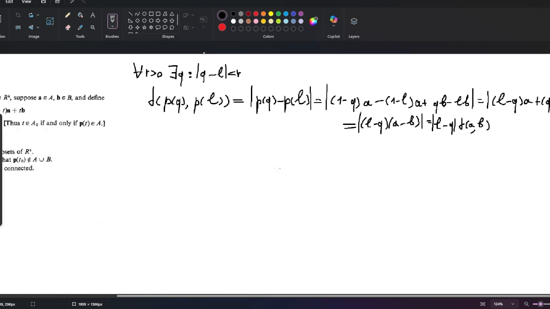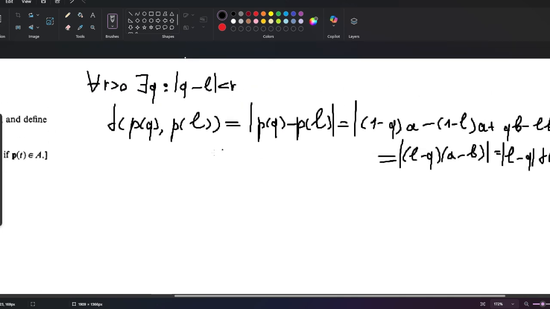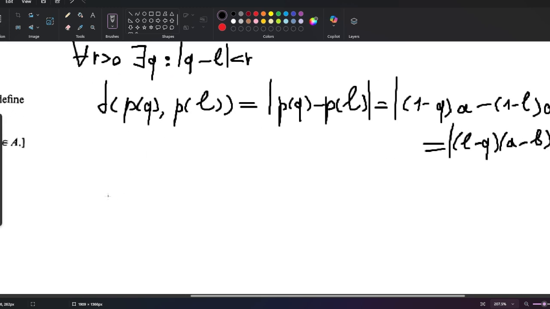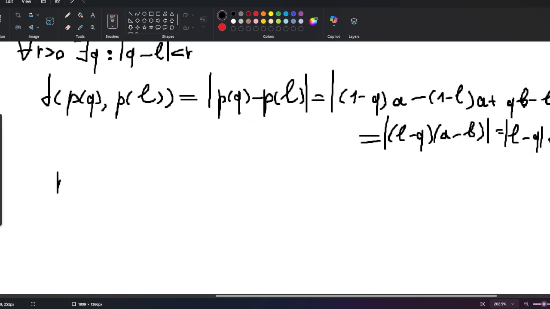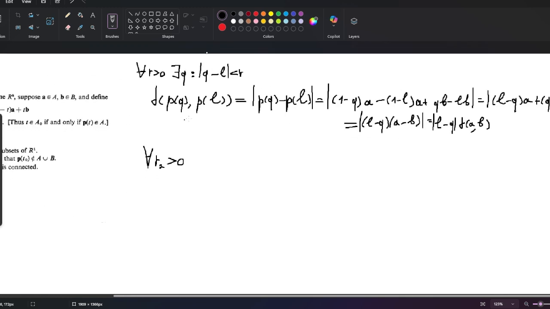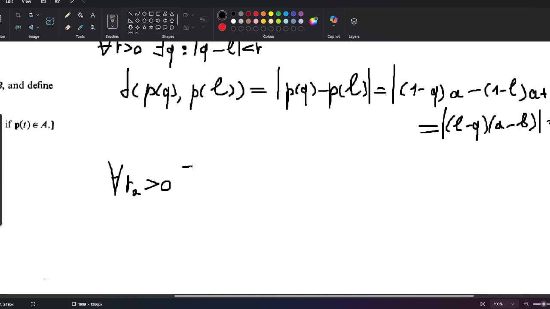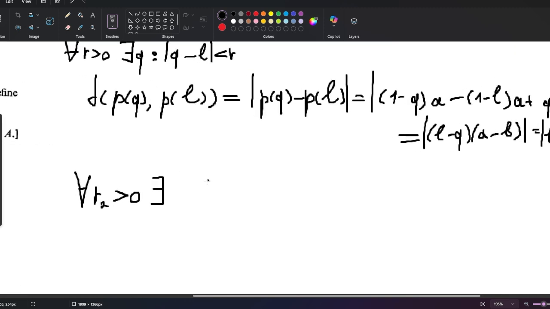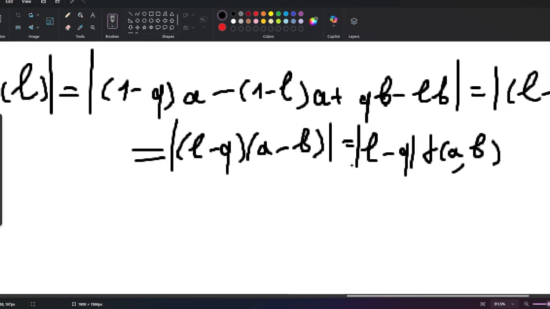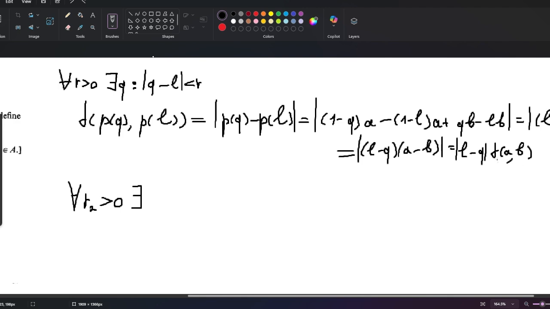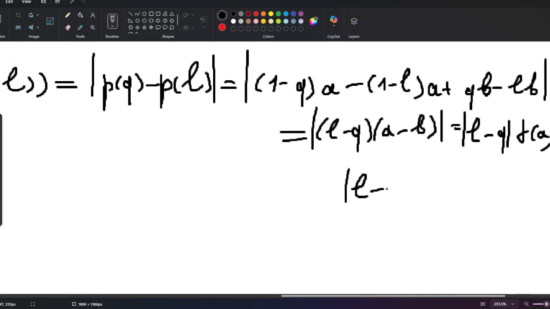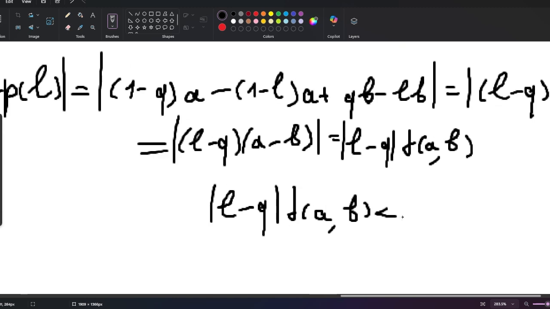Now let's pick, for every R2 greater than 0, there exists Q belonging to A0 such that the distance between P(Q) and P(L) is less than R2. Let's look into this: |L minus Q| times d(A, B) less than R2.